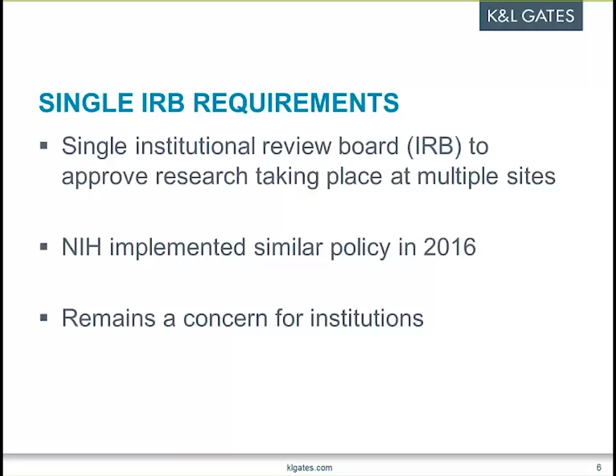The single IRB requirement applies to all federally supported research, but the language of the final rule seems to allow agencies or departments to exclude certain broad types of research from the requirement. It's not apparent whether or how Common Rule agencies will actually exercise this discretion in applying the single IRB requirement, and therefore it remains a source of concern for hospital institutions.